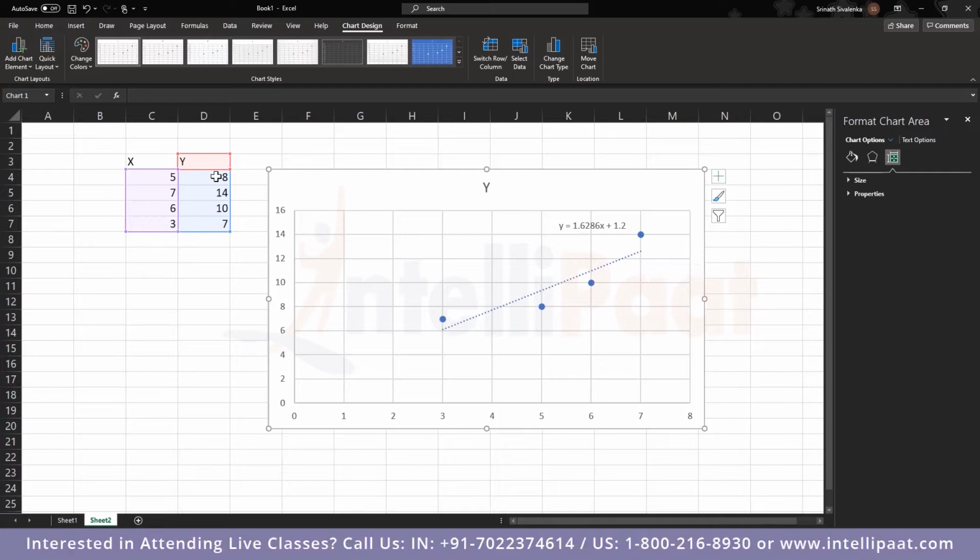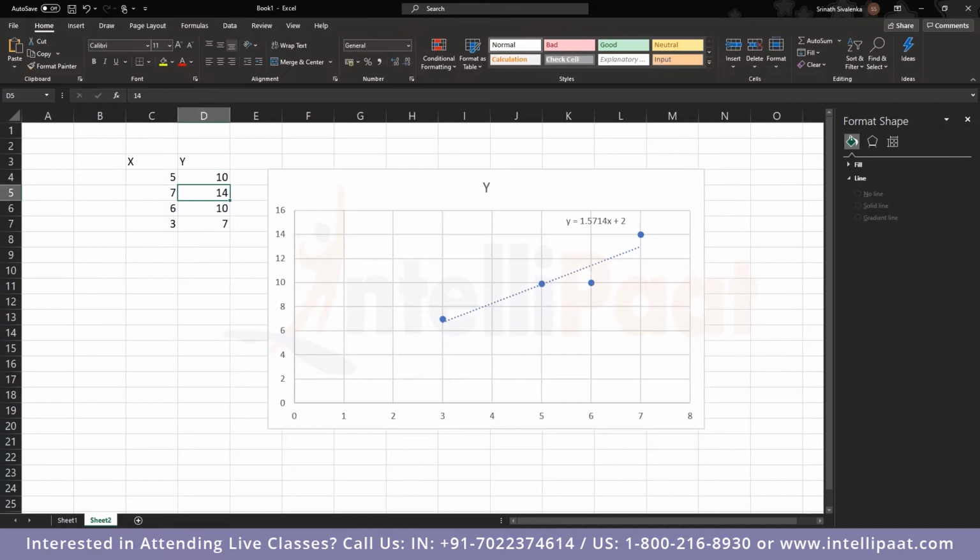Maybe it's a slightly different value. Let me do one small change. Let me make this 10. If you observe this for 3 and 8, this seems to be a good value.